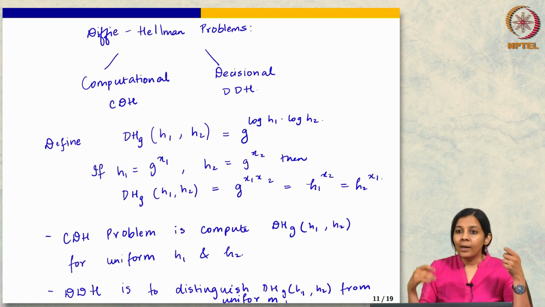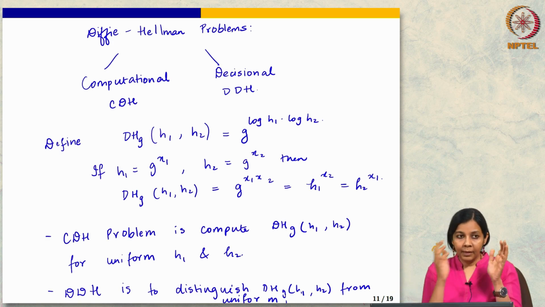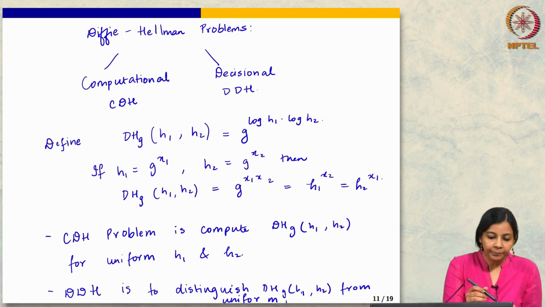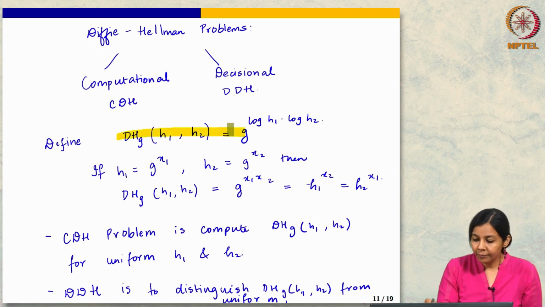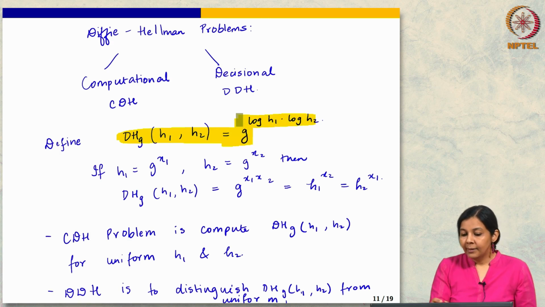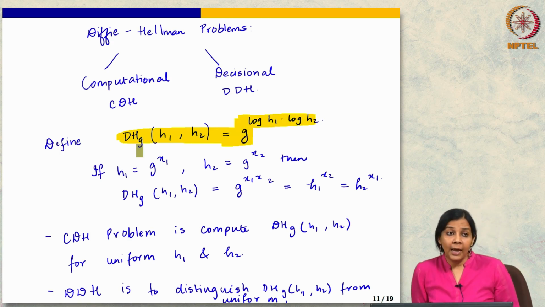So, if h1 and h2 were chosen uniformly, then DH of h1, h2, which we defined over here, for uniform h1 and h2, the DDH assumption is saying that this distribution is indistinguishable from uniform.